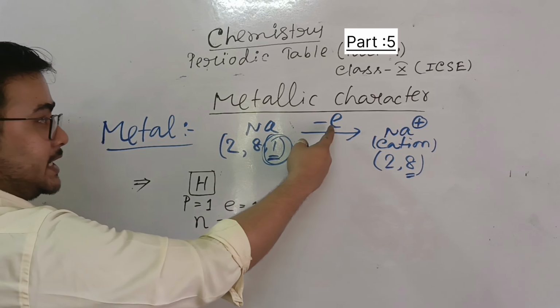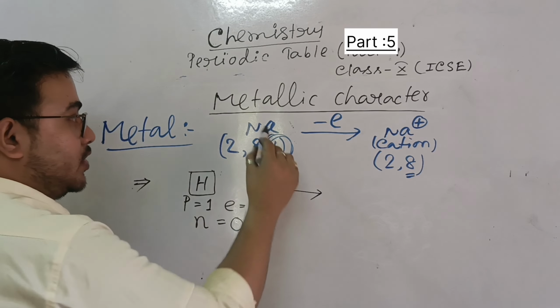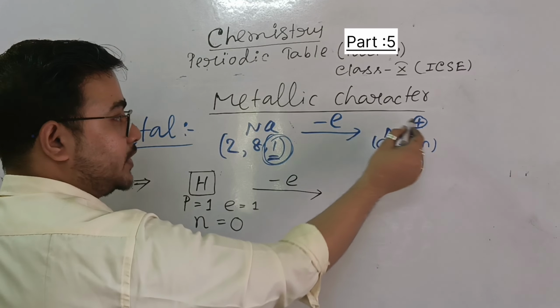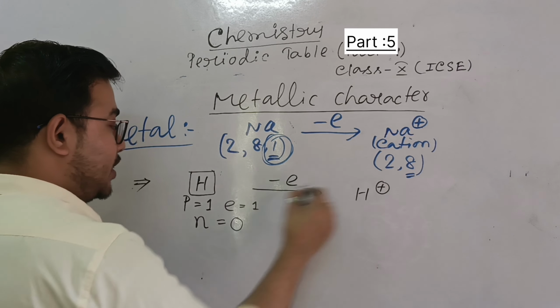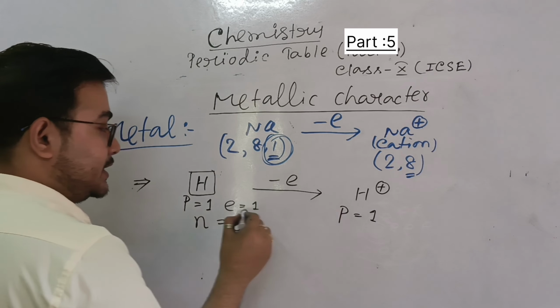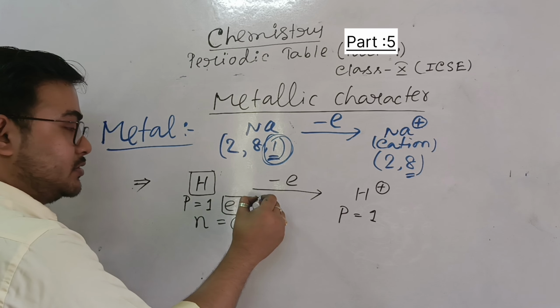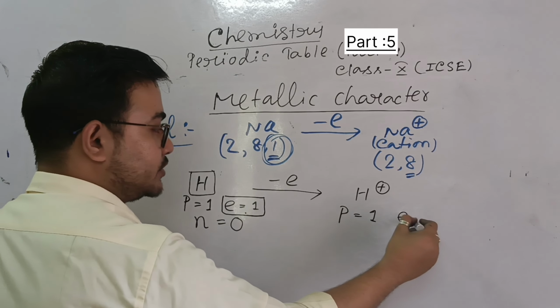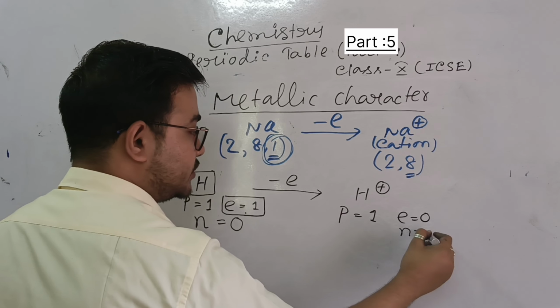Now in the same case, if hydrogen donates 1 electron, then what will happen? Obviously, like sodium after donation gets positive charge, hydrogen also gets positive charge. Now tell me, what is the number of protons? 1. What is the number of electrons? Previously it had 1 electron, it donates 1, so 0 electrons, and the neutron is also 0.